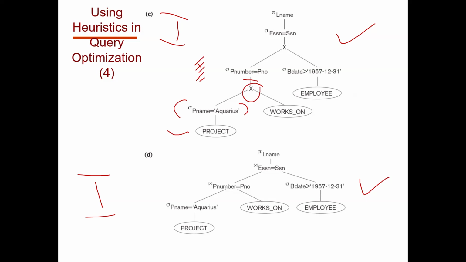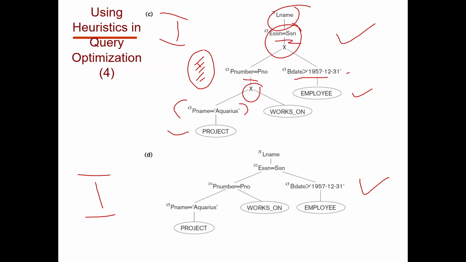Then we are going to link this cross product table with the employee table, for only those whose birthday is greater than this given date. And whatever answers we have, the cross product of project and works on is linked with the employee by using ESSN. And then we get the last name out of it.